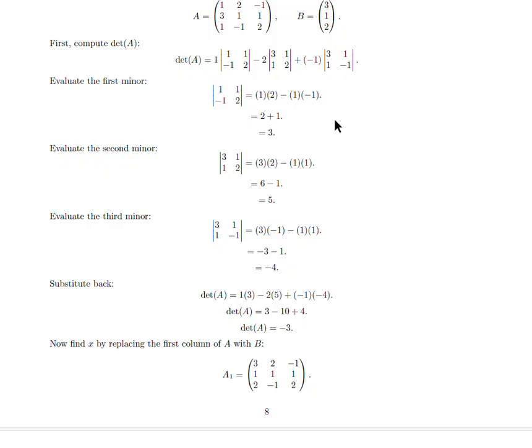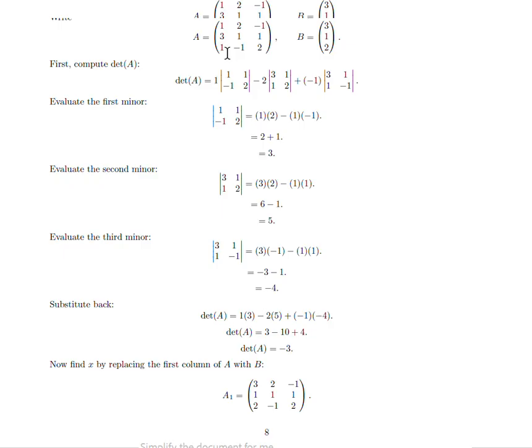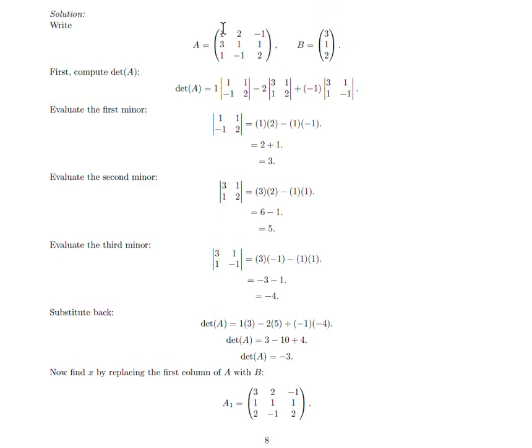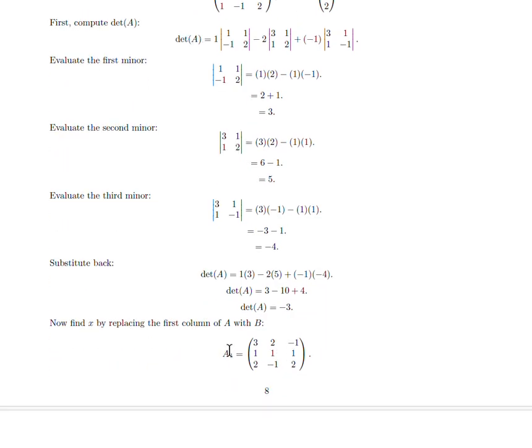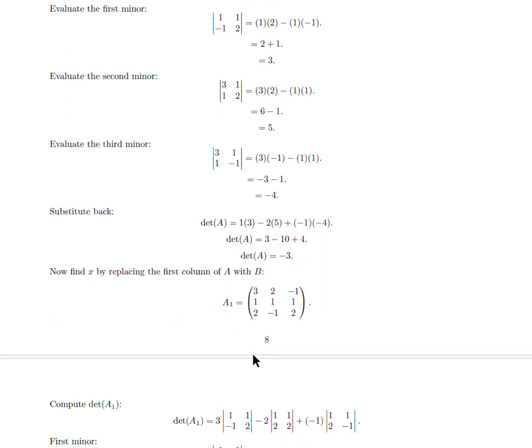We pick B and replace our column 1 in matrix A. This 1 3 1 will be replaced with 3 1 2 from B. Every other element remains intact. Then this new matrix A1, now we'll find the determinant.